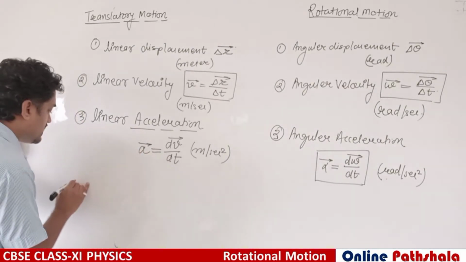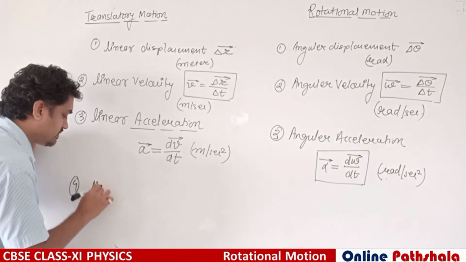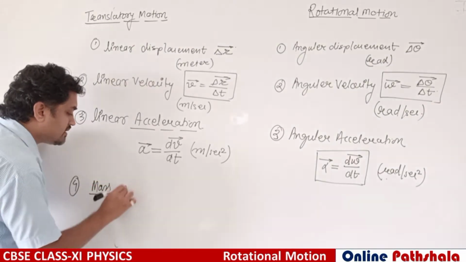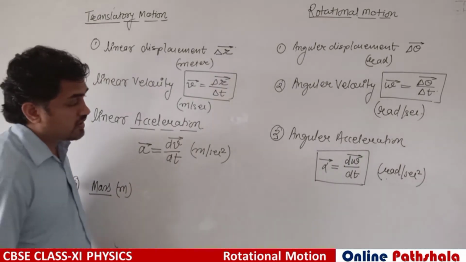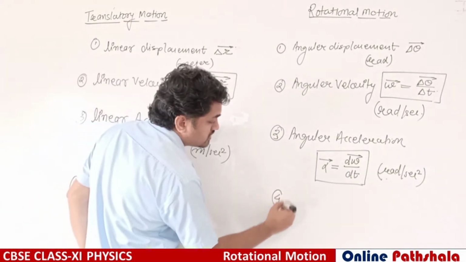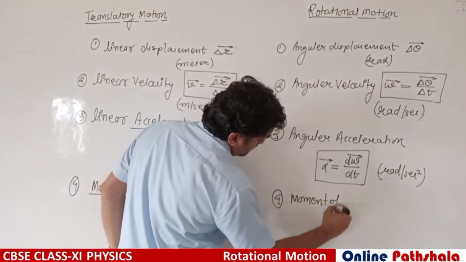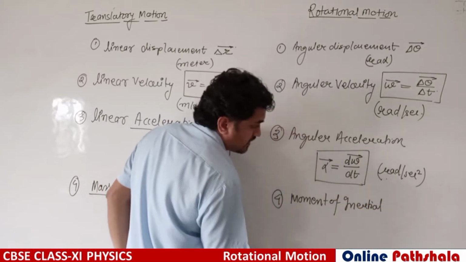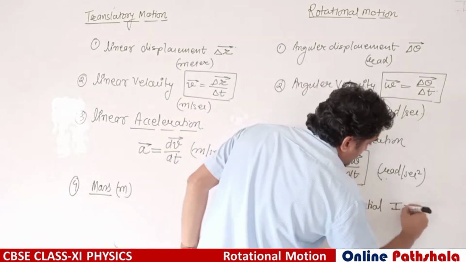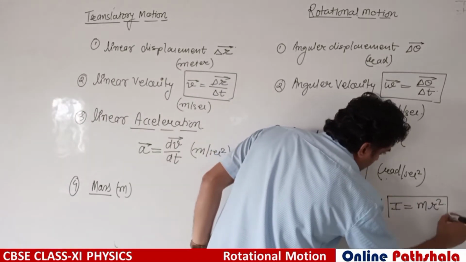Now the fourth category is the mass. As we are using mass in translatory motion, we have to use moment of inertia. Moment of inertia is denoted by I, and it is equal to mr square.